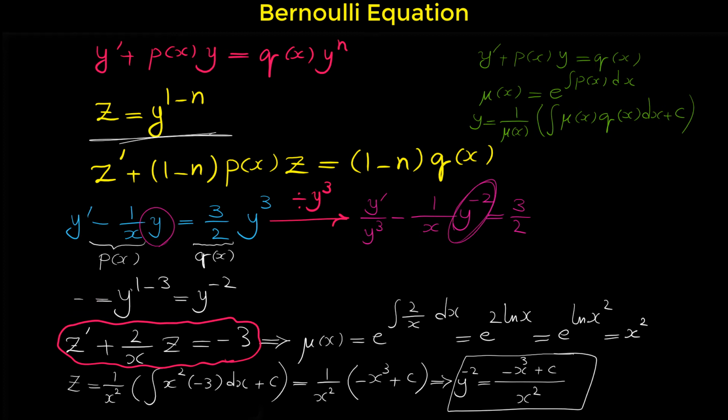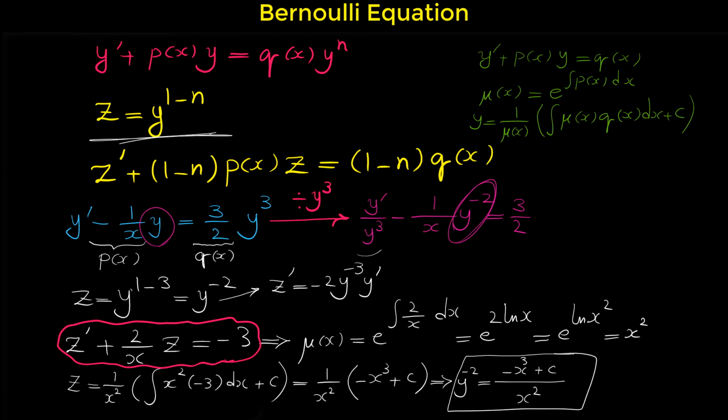But how can we get rid of this y prime over y to the 3? From this substitution, note that z prime is, if we take derivative from both sides of this equation, z prime is negative 2 y to the negative 3 y prime.